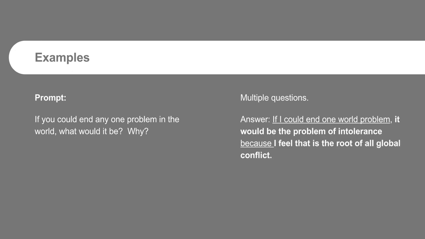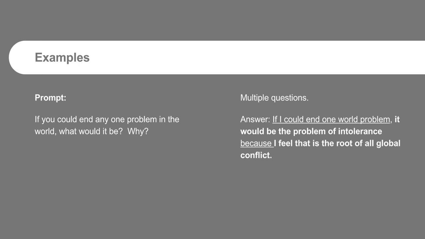Here's a shot. If I could end one world problem, it would be the problem of intolerance, because I feel that is the root of all global conflict. So you see the underlined parts, if I could end one world problem, and because, are restating the question, and the bolded parts, it would be the problem of intolerance, and I feel that it is the root of all global conflict, answer the questions that I need to answer.